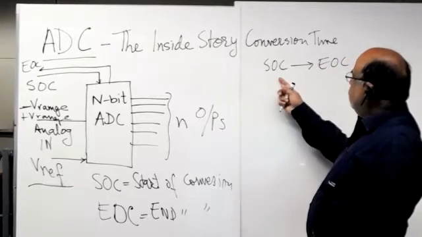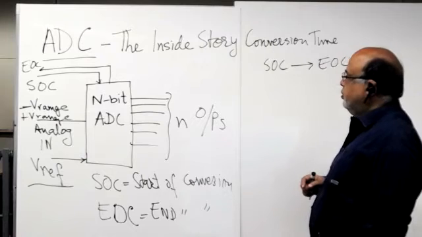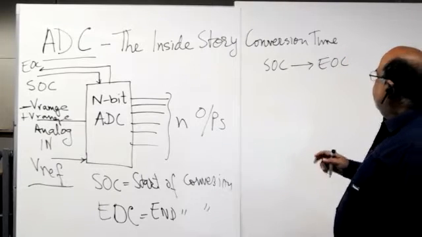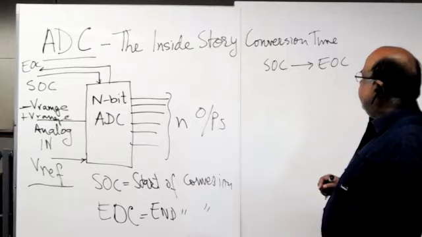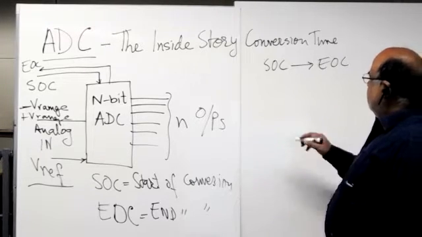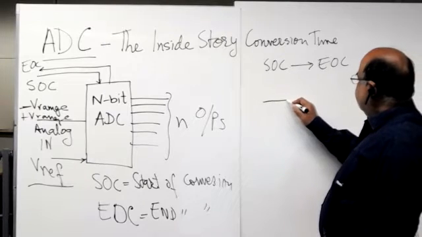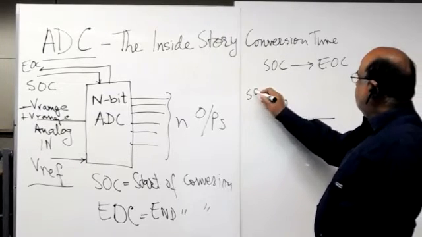So SOC is, you say, start of conversion, and end of conversion is when the ADC outputs that okay, I have done the conversion, it is ready. So for example, the waveform could be like this: start of conversion.